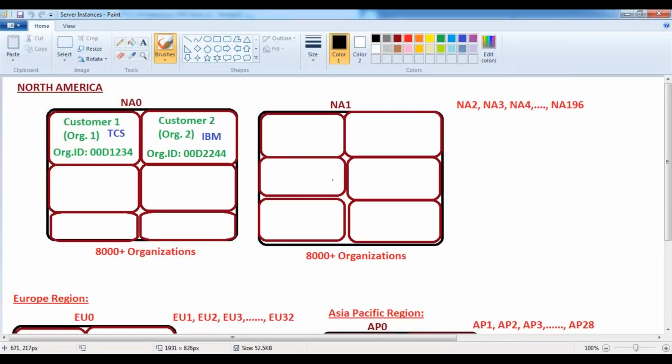This is one server that we have, NA0. In that NA0 server, for how many people are we allocating memory? For 8,000 organizations. That means 8,000 customers are utilizing the NA0 server on rental basis.